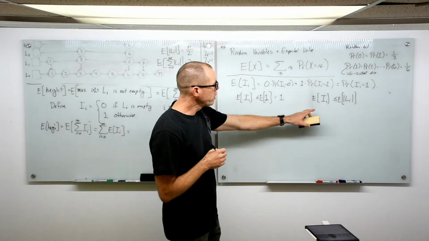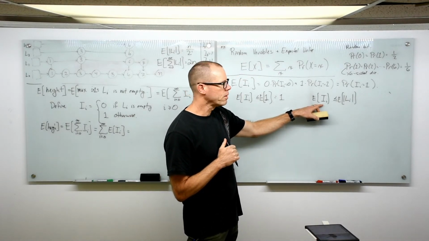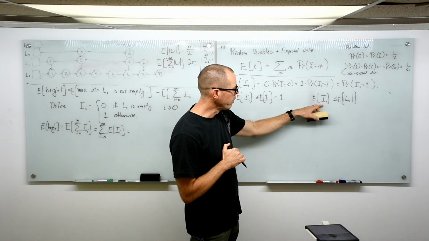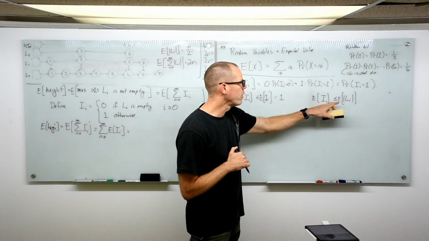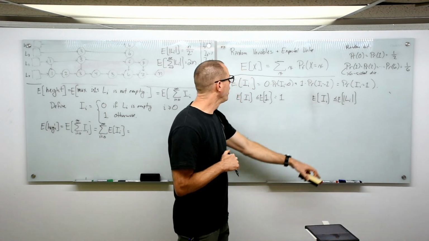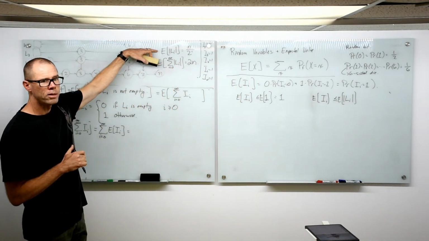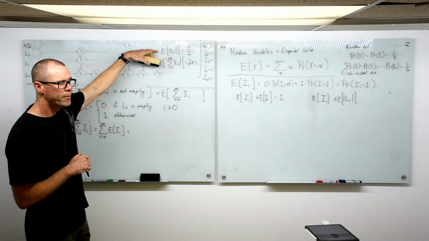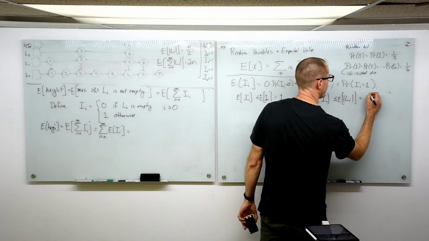except that it actually tells us something about the expected value of I_i. It tells us something that's not completely trivial. Well, if I_i is less than the size of L_i, then the expected value of I_i is less than the expected value of the size of L_i. And we actually know something. We know the expected size of L_i. That's n over 2 to the i.